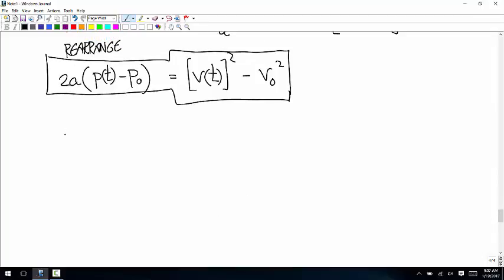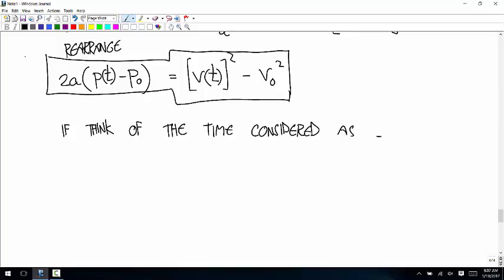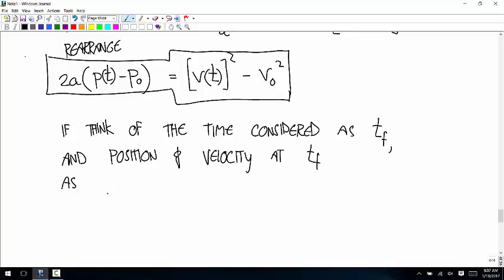So if you think of the time being considered as T sub F, and the position and velocity at T sub F as P sub F and V sub F. This is all just notation.